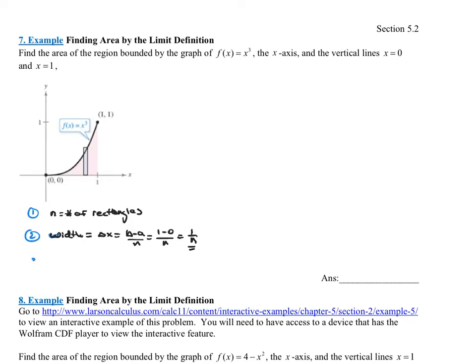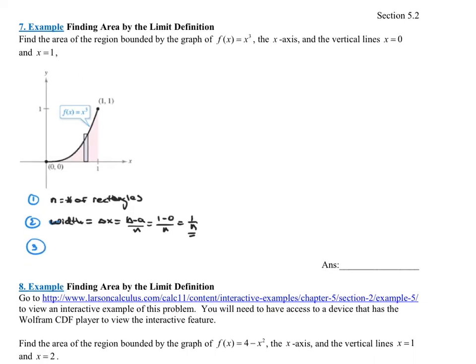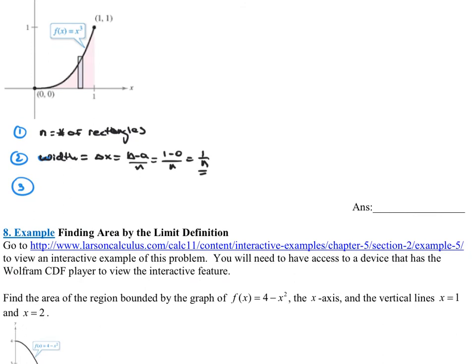Step 3, let's think about this interval and what it would look like. It would start off at 0, and it would go to 1, and we would have to break this into n pieces, right? I don't know how big these pieces are, so I'm just going to put dot, dot, dot, meaning continue the pattern, and then it would go to 1.